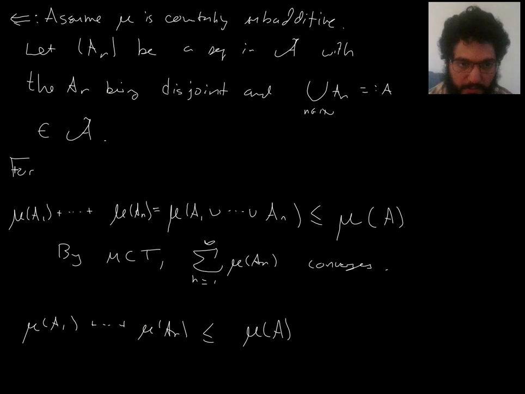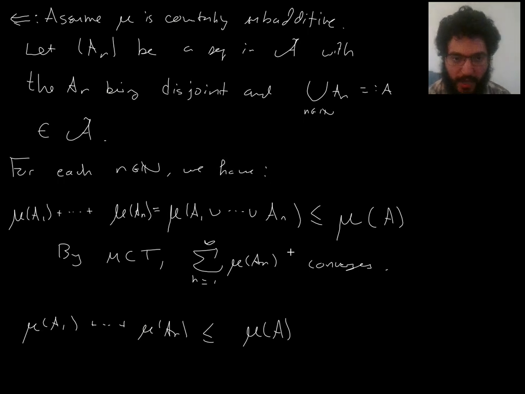I'm just rewriting the inequality I've already written down up there. By the way, this is all for each n, we have the following. This is bounded above by mu of the union. So this is rewriting what I wrote up there. And then here's countable subadditivity: this is less than or equal to the sum of the mu's.